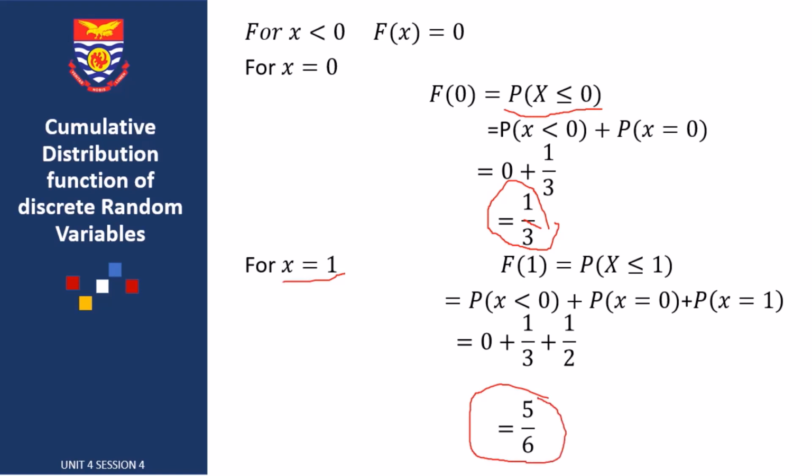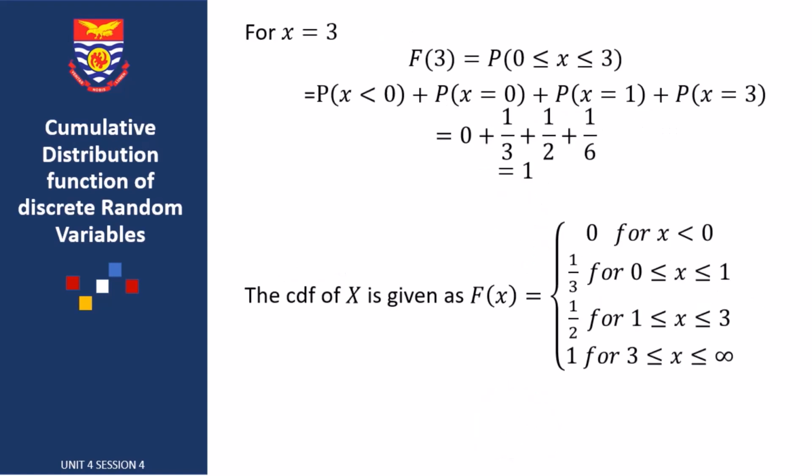We are left with the last one. That's for x equal to 3, right? So for x equal to 3, your probability will be between 0 and 3. That will be x less than 0, x equal to 0, x equal to 1, and x equal to 3. And for each of them, they have their own corresponding probabilities.